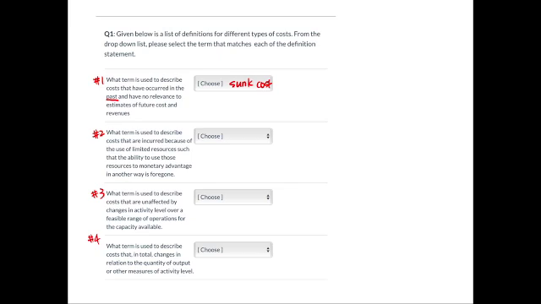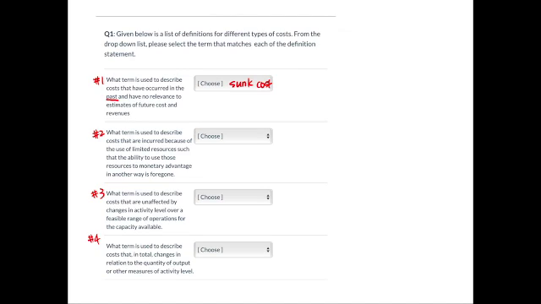Okay. All right, number 2, what term is used to describe costs that are incurred because of the use of limited resources, such that the ability to use those resources to monetary advantage in another way is foregone? So because the resource is limited, like the time and the money, if you put your resource in this project, you couldn't choose the other project.